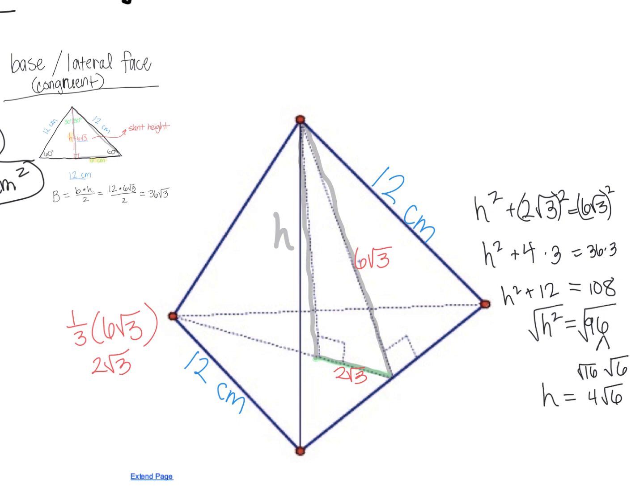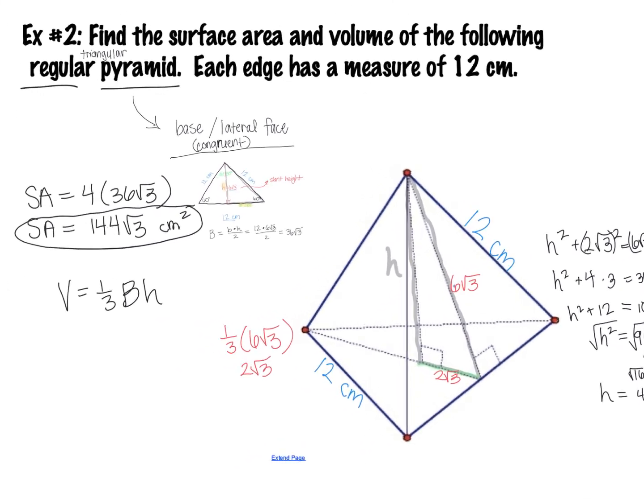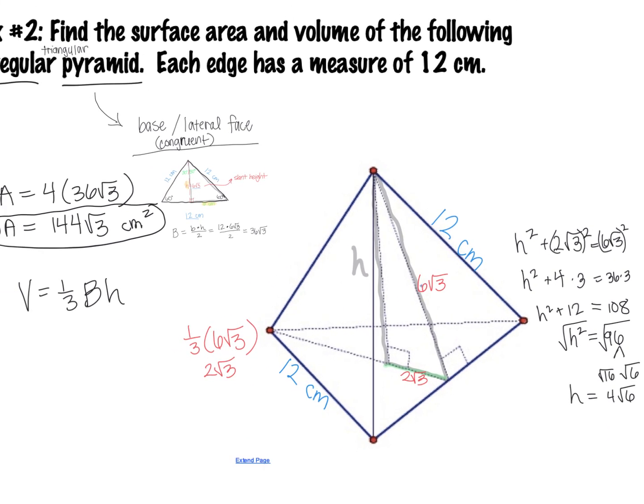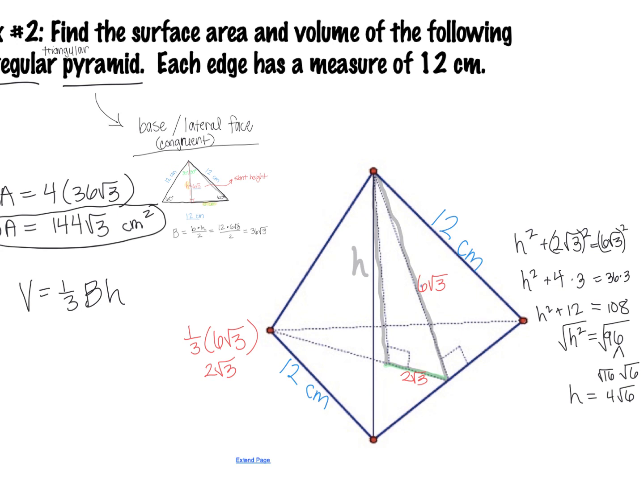Now let's substitute that into volume. So now I have volume equals 1/3 times area of base was 36 radical 3, and height was 4 radical 6.